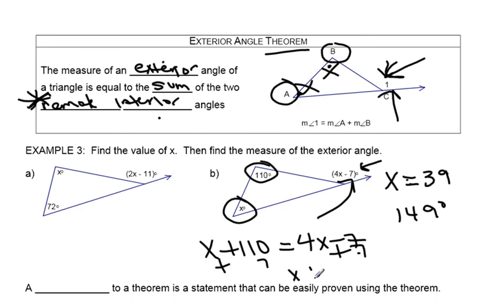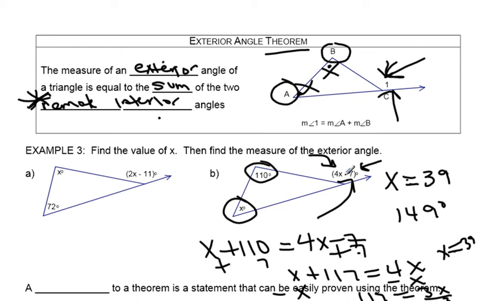I'm going to add 7 to both sides, so I get x plus 117 equals 4x. Subtract x from both sides, so I get 117 equals 3x. Divide by 3 gives me x is 39. I have to plug that x back in here. 4 times 39 minus 7 is going to equal 149 degrees.